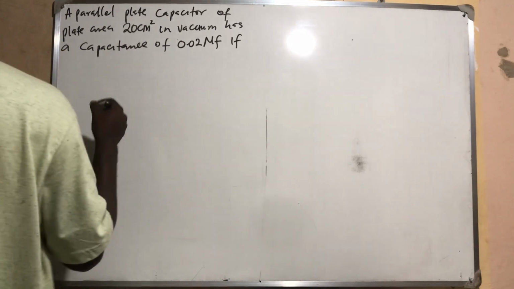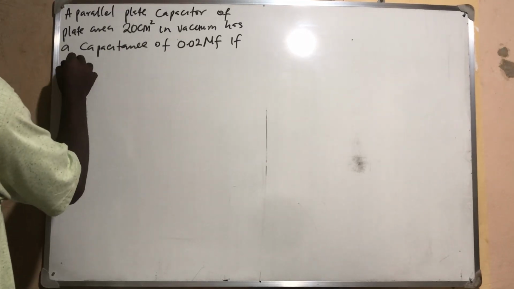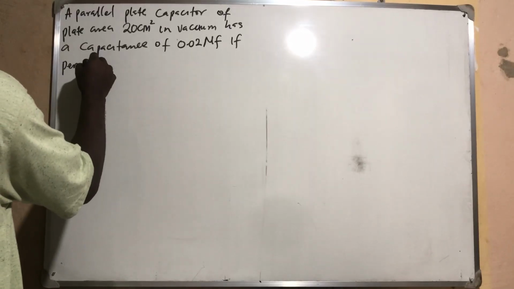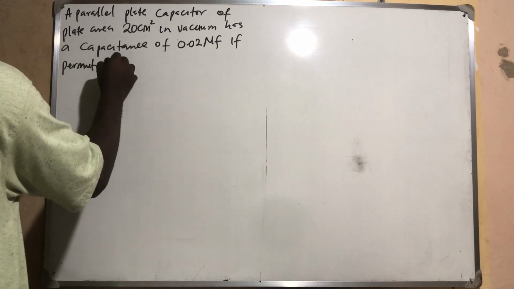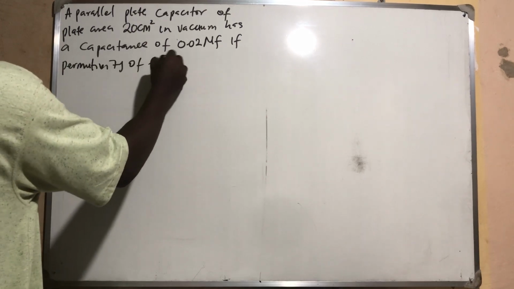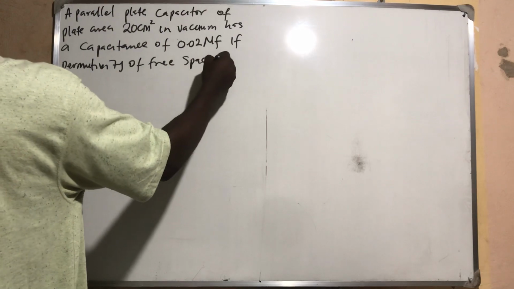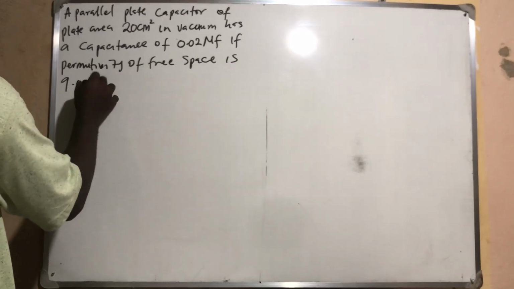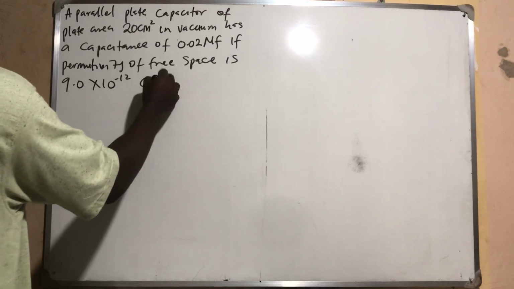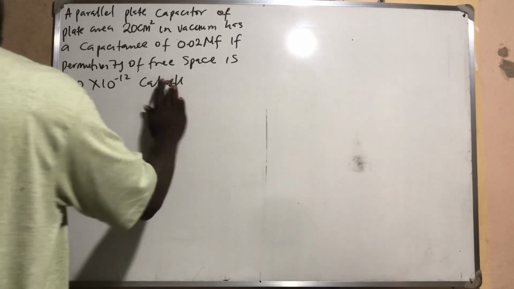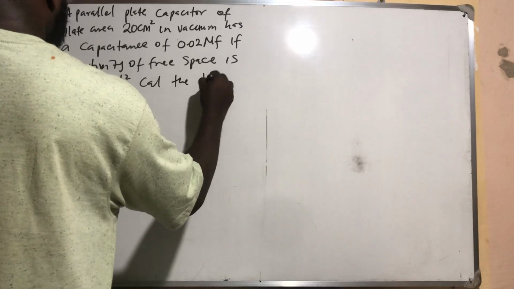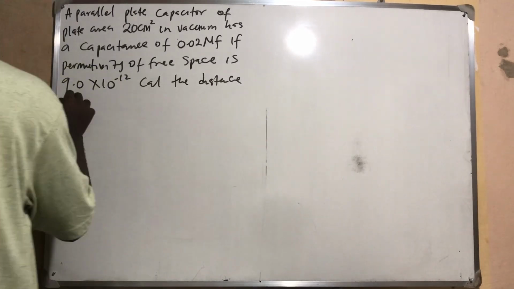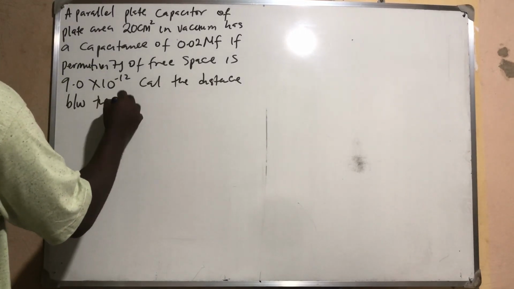Okay, they say if permittivity of free space is 9.0 times 10 raised power minus 12, calculate the distance between the plates.